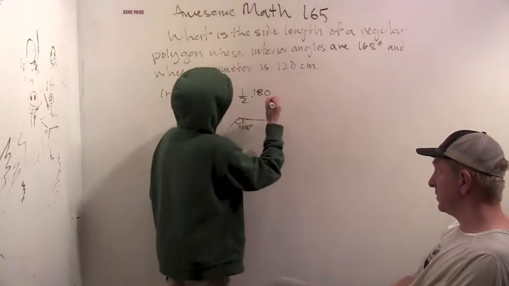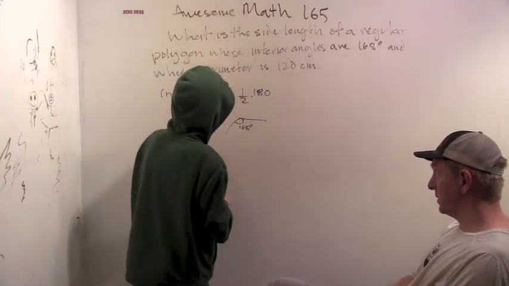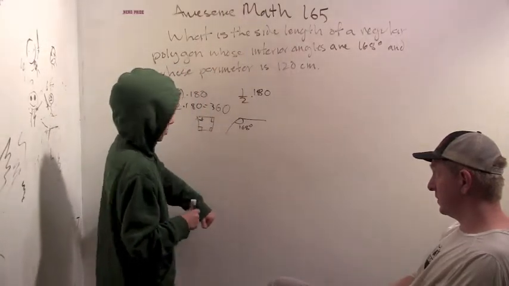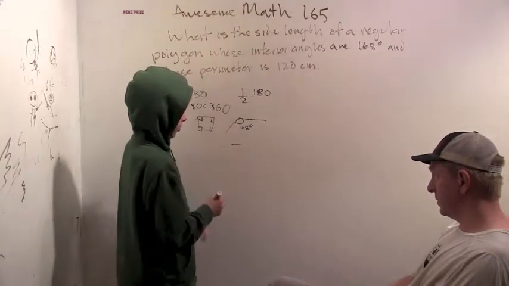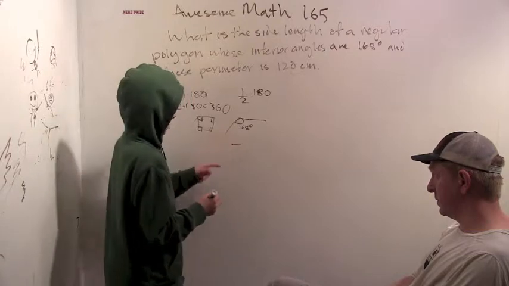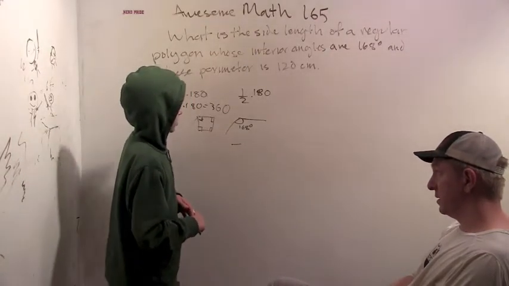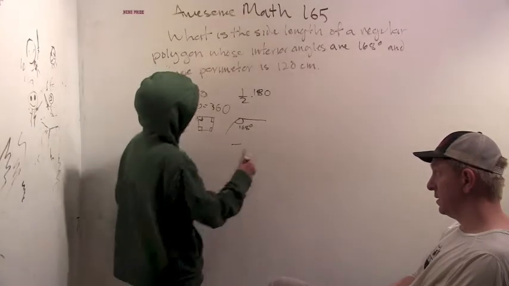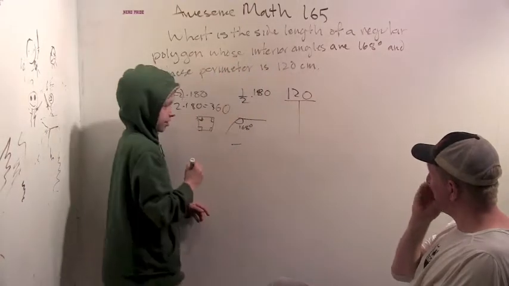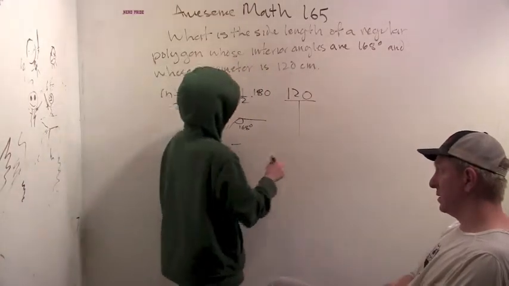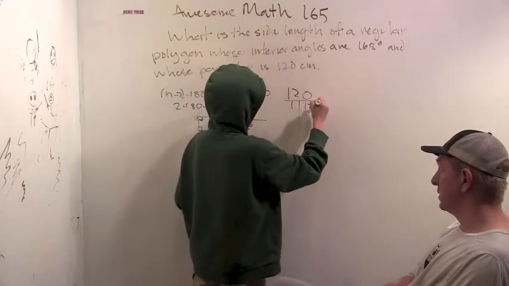All the sides are equal, so maybe we could split the perimeter up into equal sections. How many would there be? Well, we can take a look at the divisors of 120 and see. We could choose 1 centimeter and then there would be 120 sides.